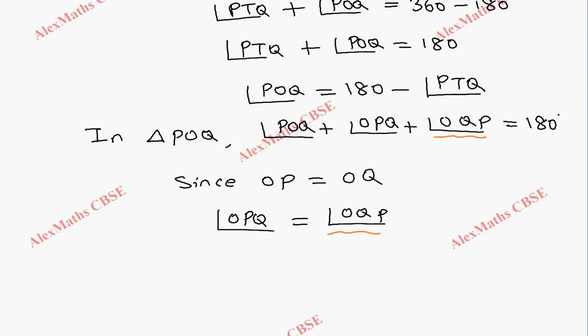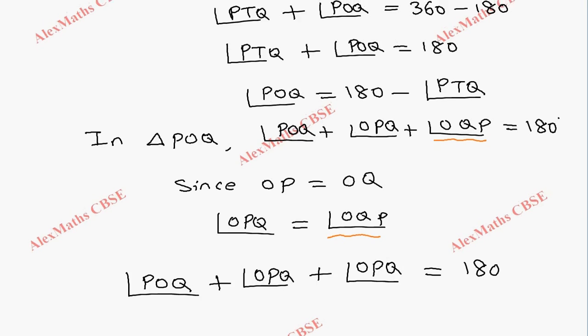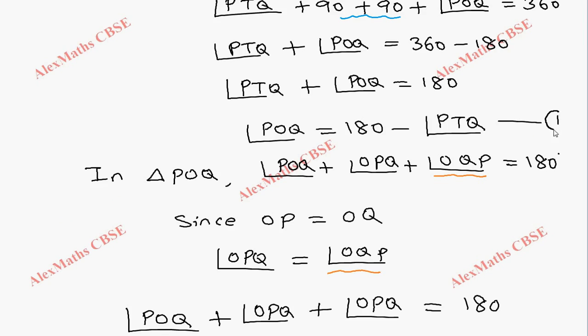So again, let's take this expression: angle POQ plus second is OPQ. Again, third also we are going to write OPQ, which is equal to 180. Let's take this as the first result.